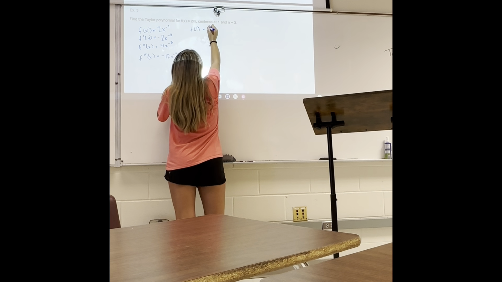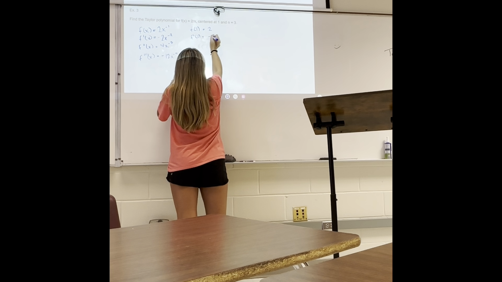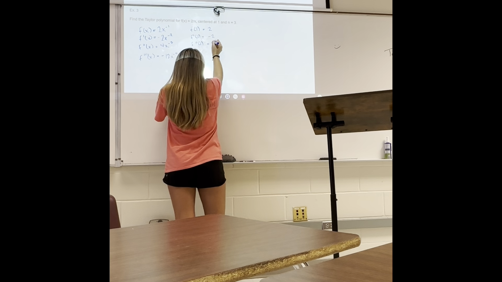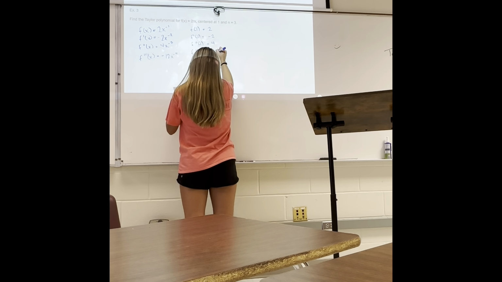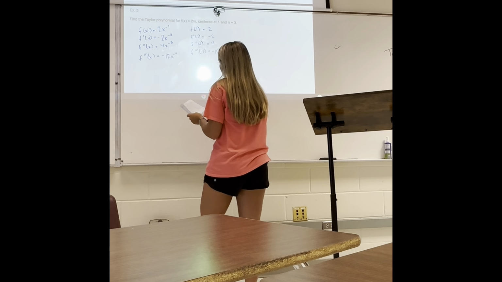Plug in f of 1, you get 2, plug in f prime of 1, you get negative 2, plug in f double prime of 1, you get 4, and f triple prime of 1, you get negative 12. And so now you can formulate your final function.